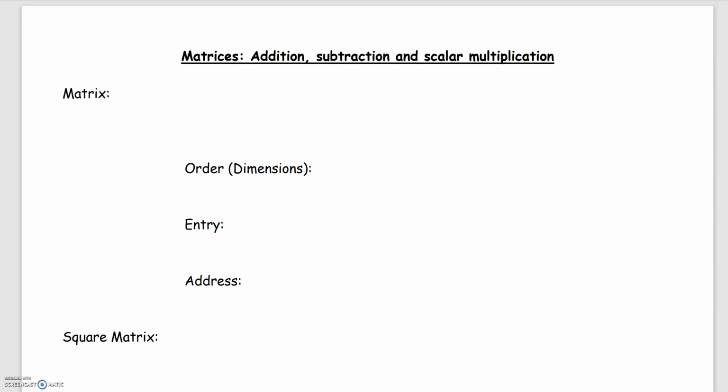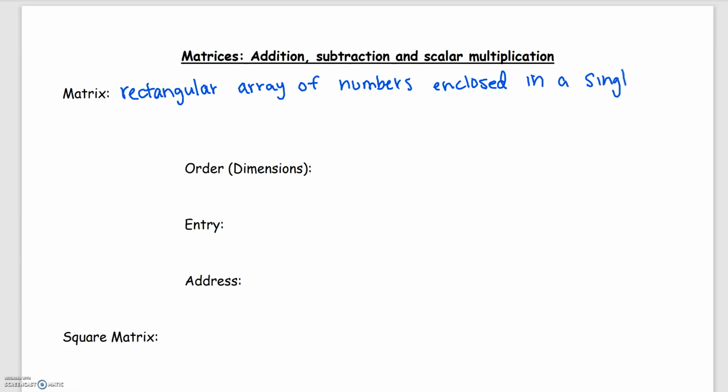But a matrix is a rectangular array or arrangement of numbers enclosed in a single set of brackets.